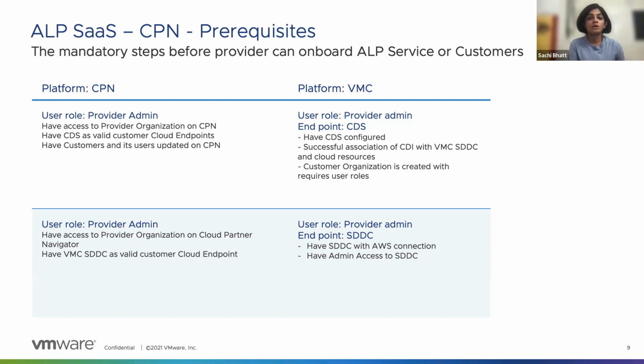They have to add the valid cloud endpoints, and they have to create a CDS and associate the SDDC with the CDS instance. These are standard practices that a provider has to do before they can actually use ALP SaaS and start offering services. So it's a summary of what the provider admin is going to do on which platform.